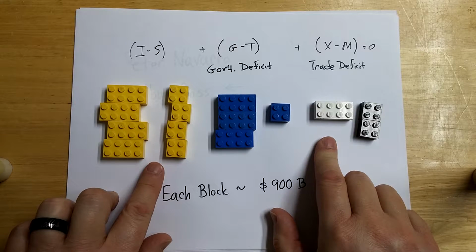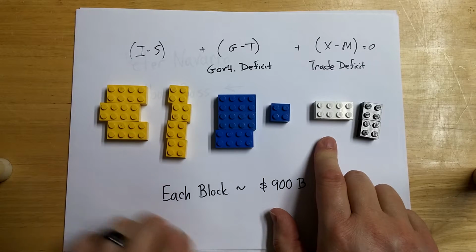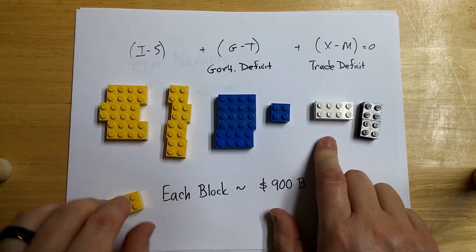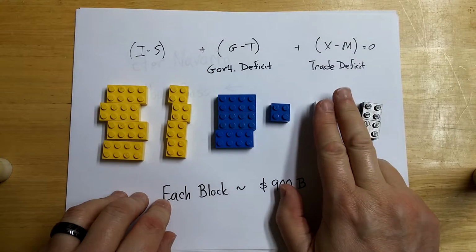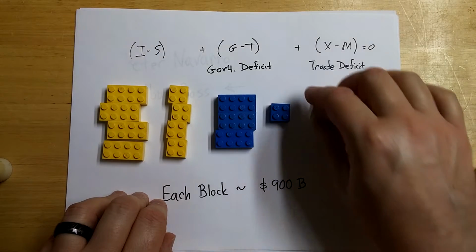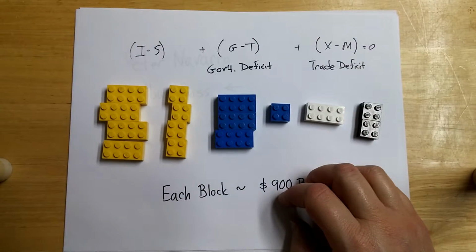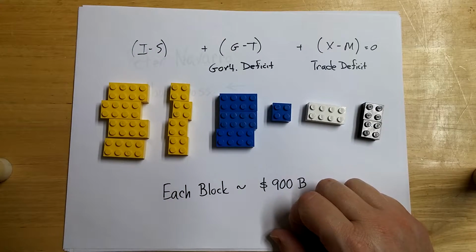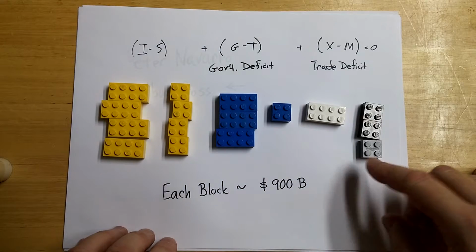Okay? So one way that that would be possible is if we cut taxes, investment might go down. Okay? Another thing that might happen is exports might go down, okay, like so. It would also be possible that savings would increase, okay. It would also be possible that gross imports would increase.